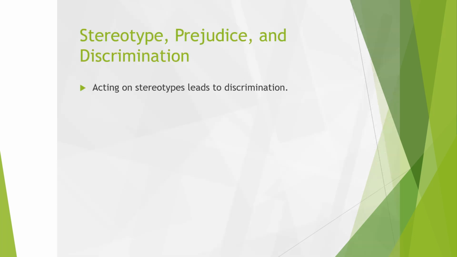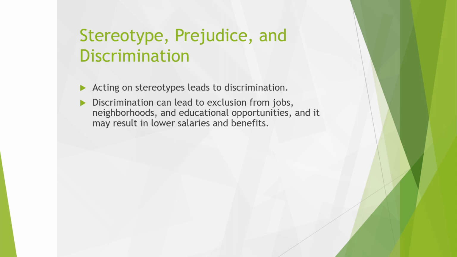Acting on stereotypes leads to discrimination. When you are discriminating, that can lead sometimes to an exclusion from jobs, from neighborhoods, to educational opportunities, and it can sometimes result in lower salaries and benefits. You can have racial discrimination.